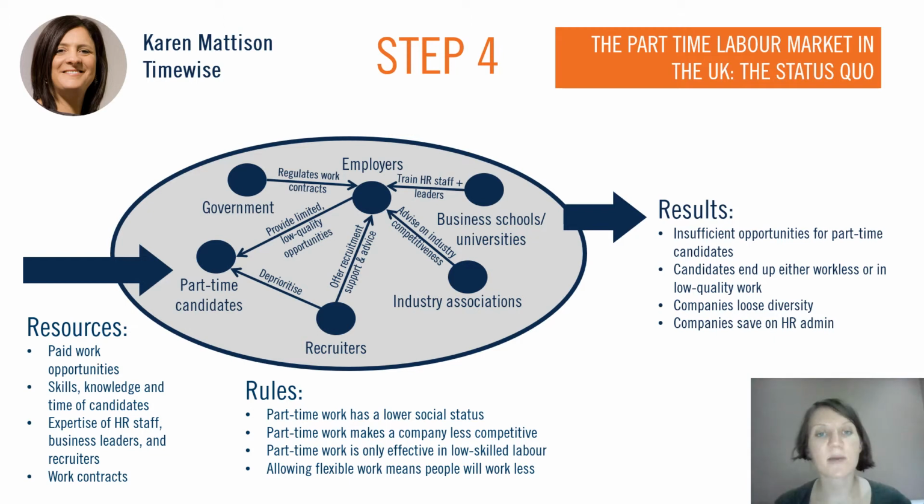We are now in step 4 of our 5R framework process. We will be stating which current results of the system need to be improved. You can do so by adding, changing, or removing the formulations of the results in the status quo. So how could our UK fellow Karen change the definition of the results that the existing system of the UK part-time labour market produces?